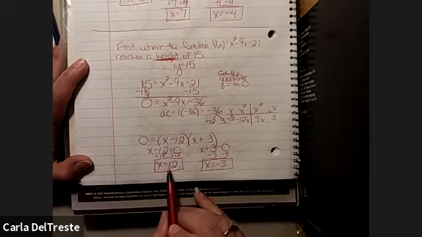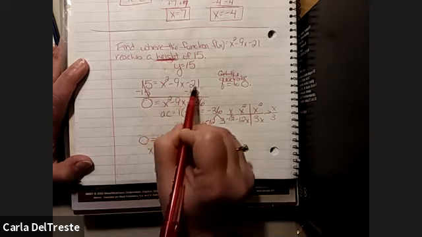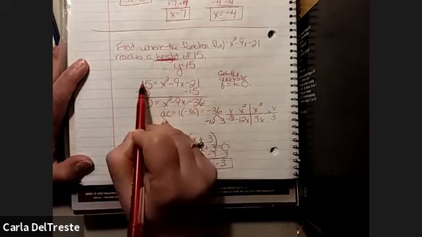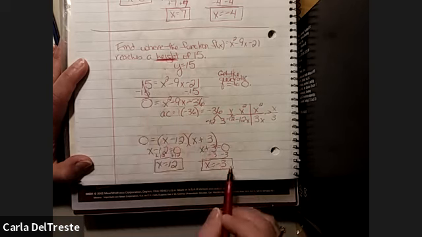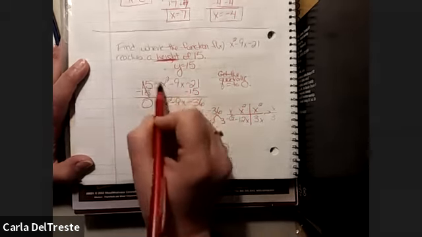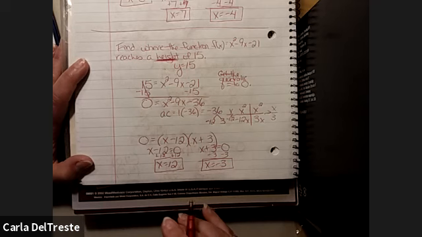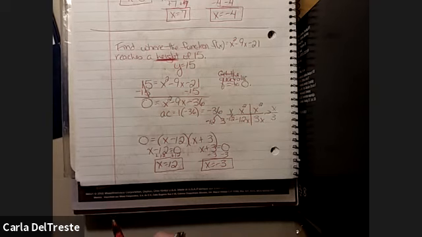So I should be able to plug 12 in for x up here, and then this calculation should give me 15. I should be able to plug -3 into this side here, and that should give me 15. So these are all self-checkable, just like all algebra. You can plug it in and you can see if you get the two sides to balance.